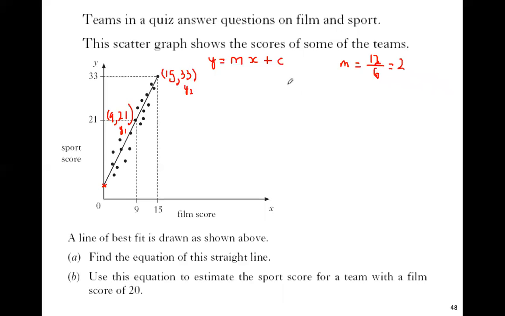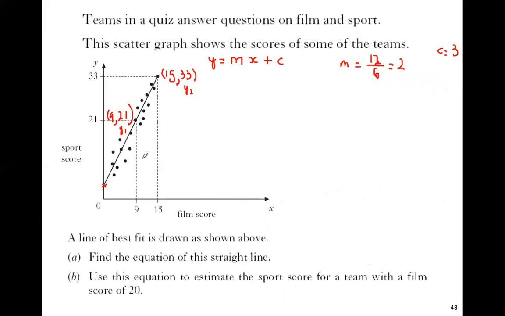So straight away, you can see what you need to add to 18 to get 21. So that's one way of finding C. C would be equal to 3, since 2 times 9 is 18, plus 3 gives you 21.